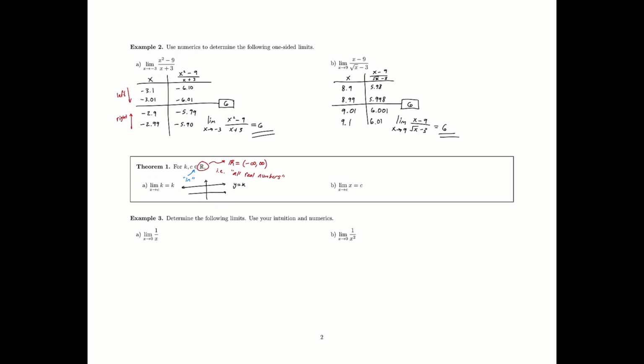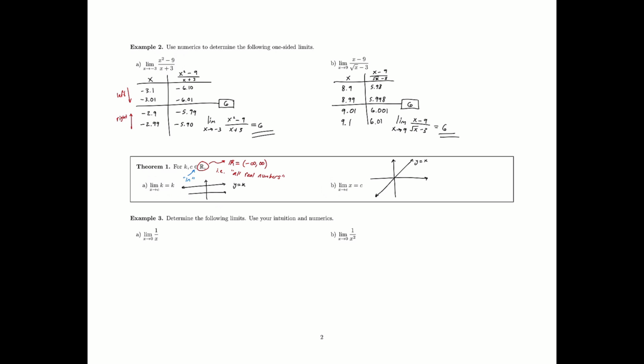So the next thing, for part B, we have the limit as x goes to c of x. Well, think about what the graph of x looks like. If we graph y equals x, x is just the identity function.